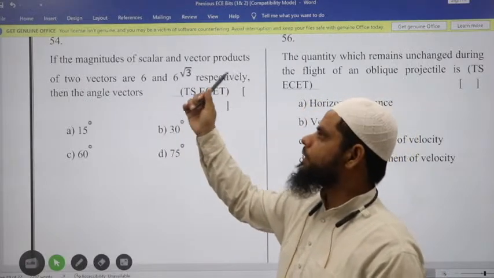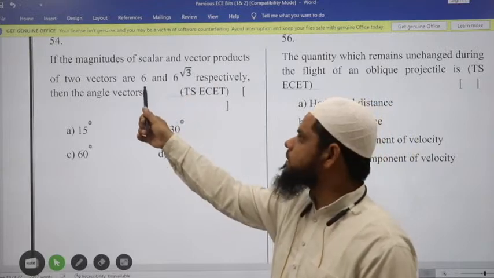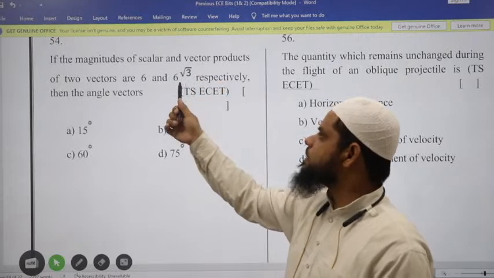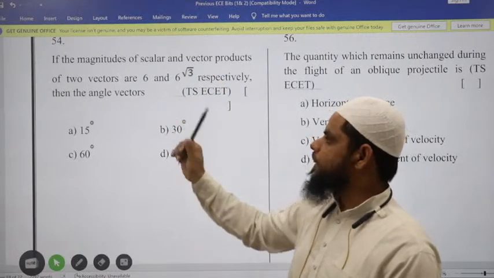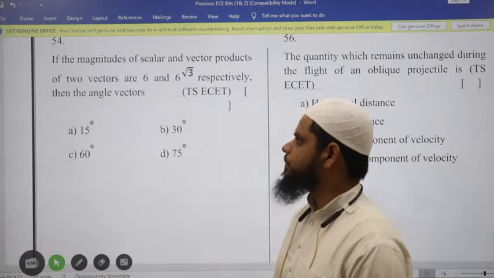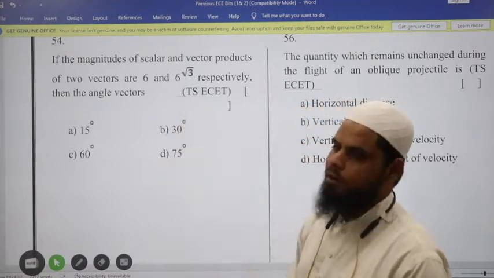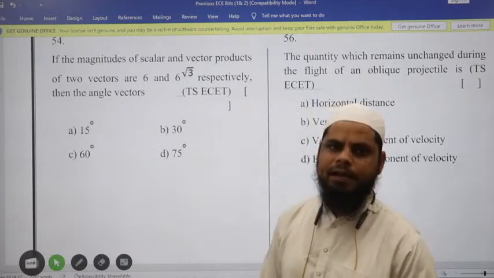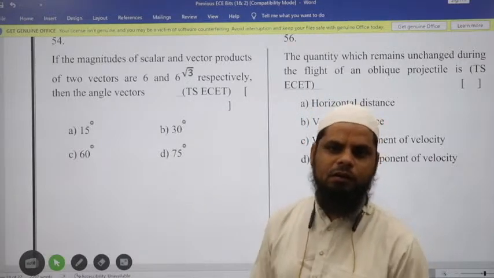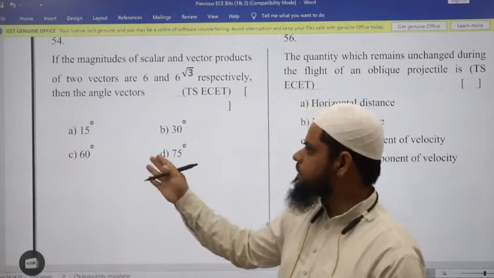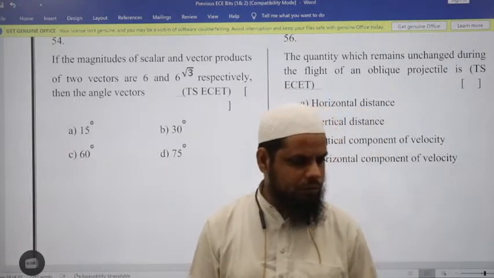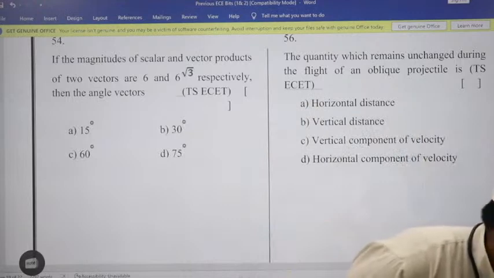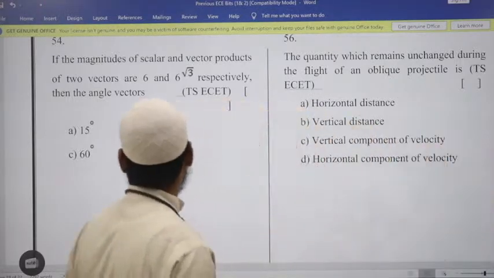The vector product AB sin theta is given as 6 root 3. Then the angle between them. So can anyone guess? We already know this. AB cos theta is equal to 6, AB sin theta is equal to 6 root 3. Then what is the angle? Can anyone guess?